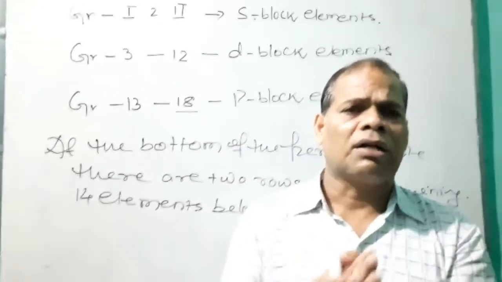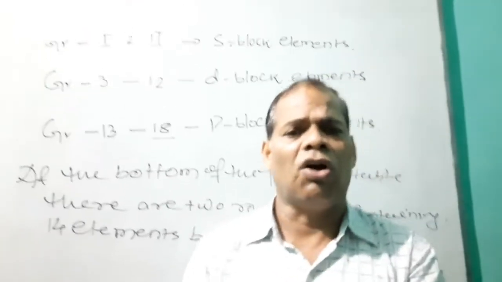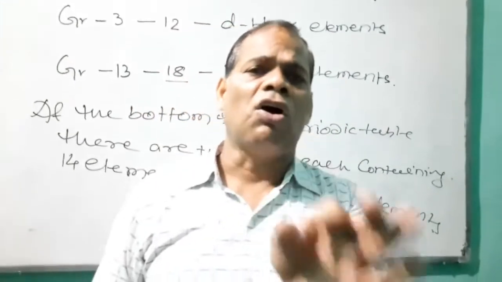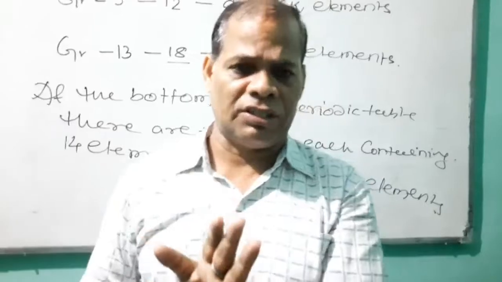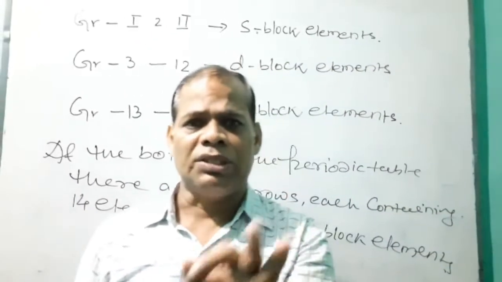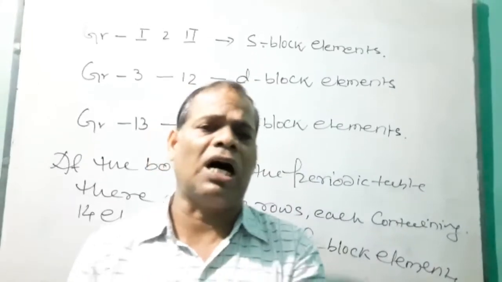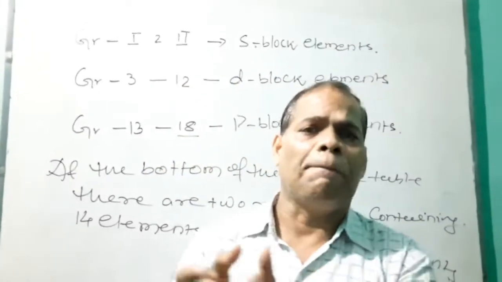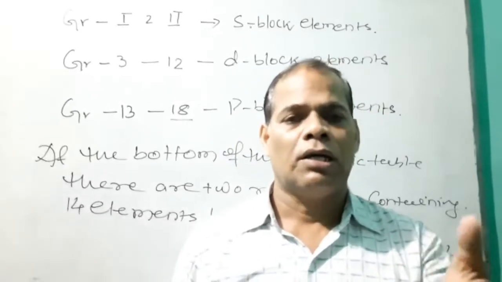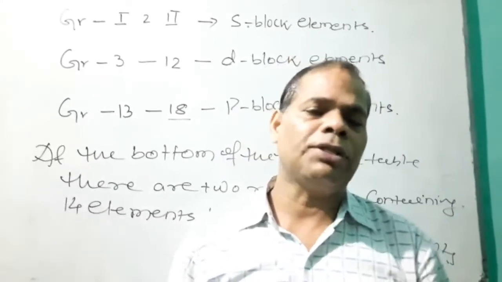These are the elements called semi-metal or metalloid. Silicon, germanium, tellurium, these elements are called semi-metal or metalloid.